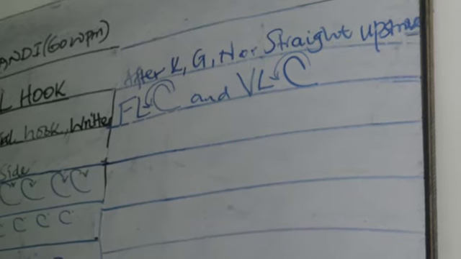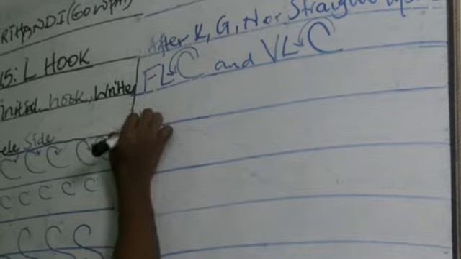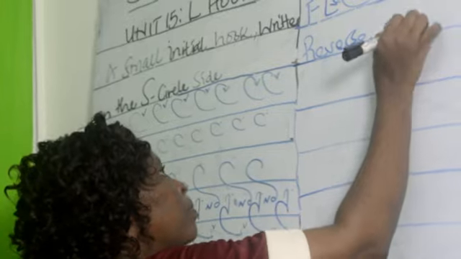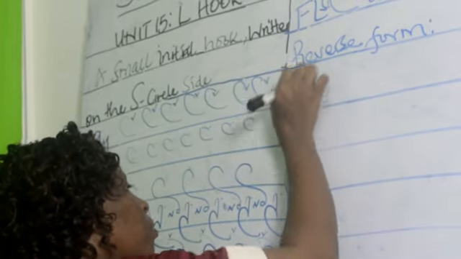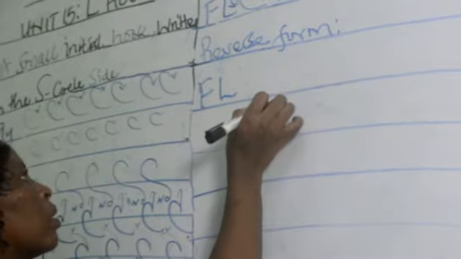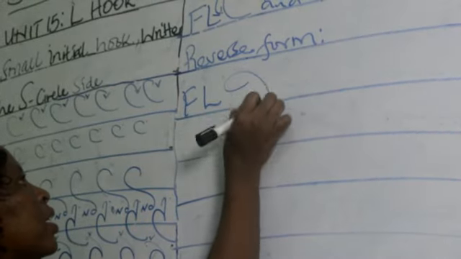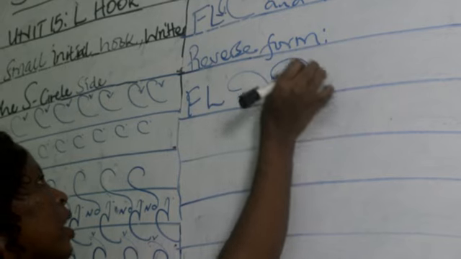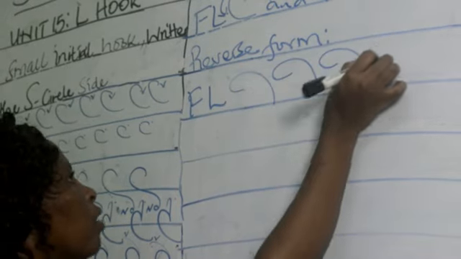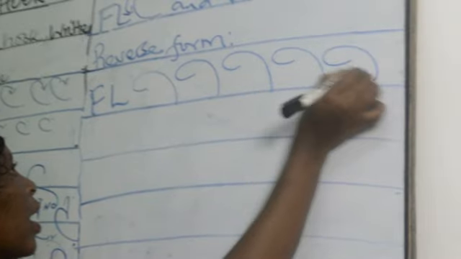But now we are saying that the reverse form of these will be like this. So we reverse the direction of drilling stalk of F hooked for L like this.